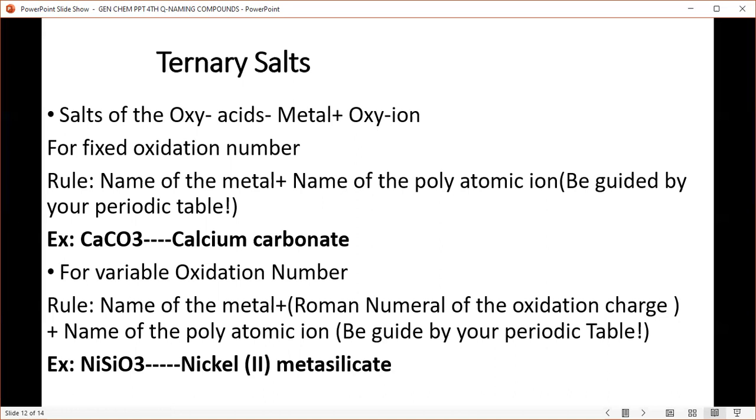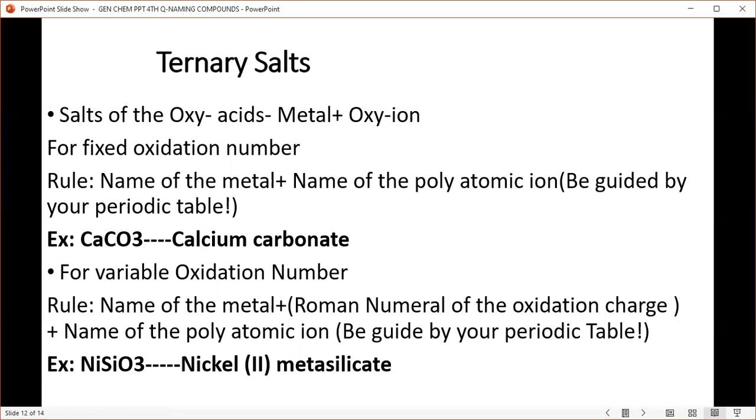So NiSiO3 is the chemical formula, which means that in the original, before we had this chemical formula, the oxidation charge of nickel is 2. So we enclose in parentheses the Roman numeral 2, and then simply add the name of the polyatomic ion, which is metasilicate.